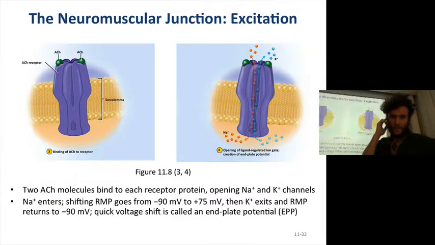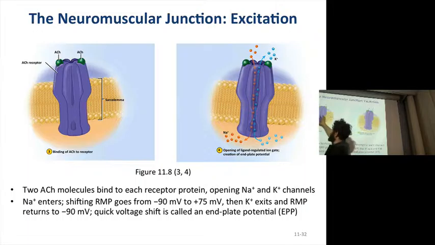So here is a picture of that. You'd have some sort of transmembrane acetylcholine receptor. It binds to acetylcholine. It changes the diameter of that pore and thus allows sodium to pass through.